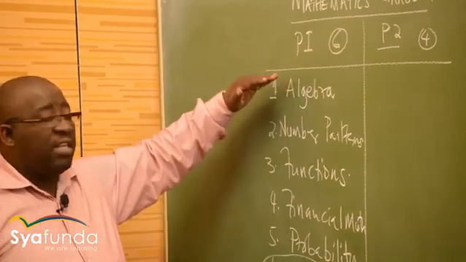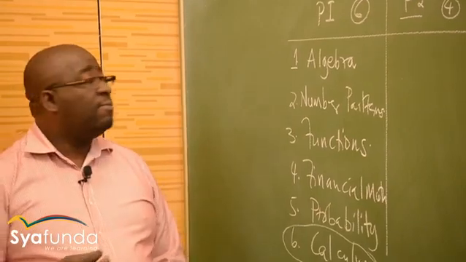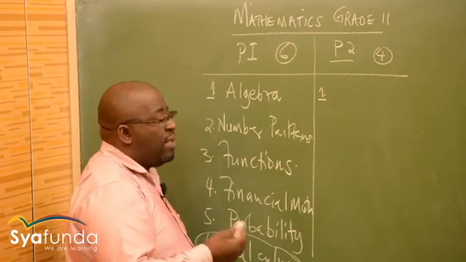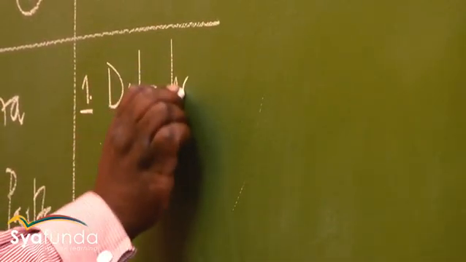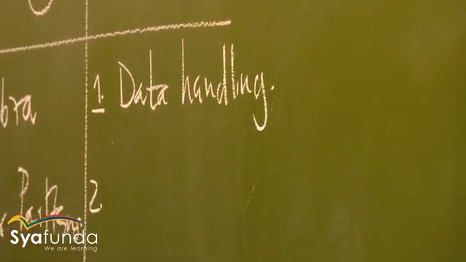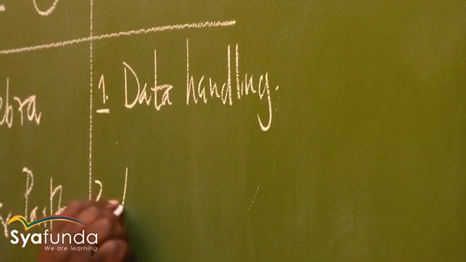But the 5 of these chapters you need to do and understand at Grade 11 level. If you look at paper 2, we said there are only 4. The first one is data handling or statistics. The second one is analytical geometry or coordinate geometry.